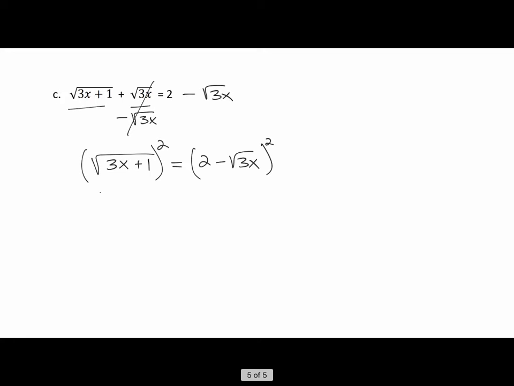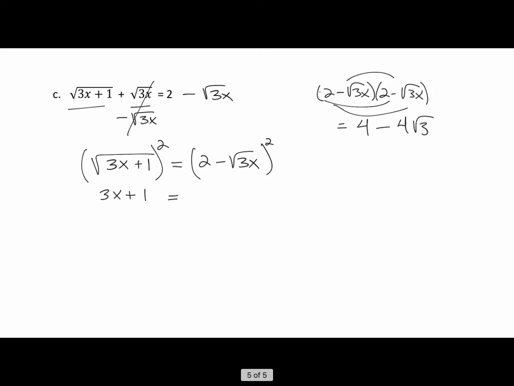And so that leaves me just the radicand on the left side of the equation. On the right side, I'm going to have to multiply those. So 2 minus root 3x times another 2 minus root 3x. So 2 times 2 is 4. Then I have a minus root 3x and another minus 2 root 3x. So there's minus 4 of those altogether.